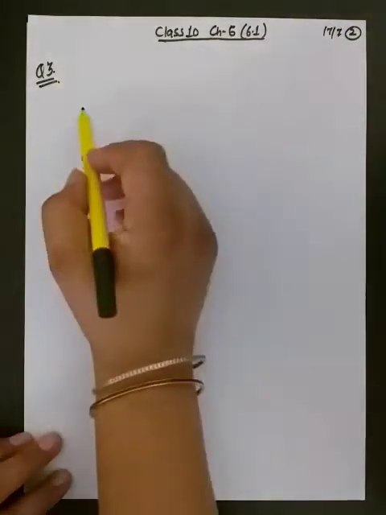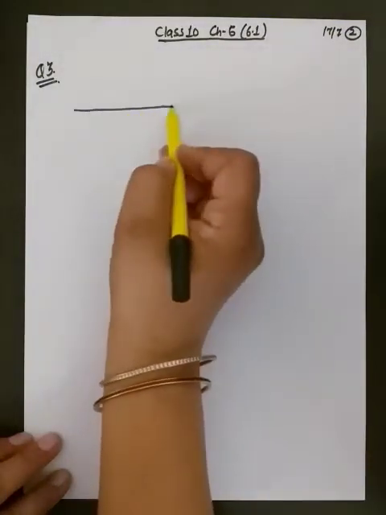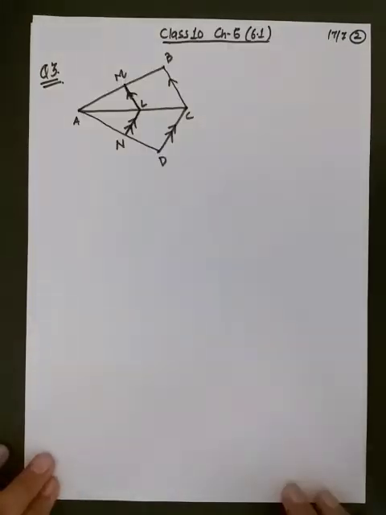Now question number 3. In the figure, LM is parallel to CB and LN is parallel to CD. Prove that AM/AB is equal to AN/AD. The figure for this question is given to you. Let us draw the figure. Let us start the solution.